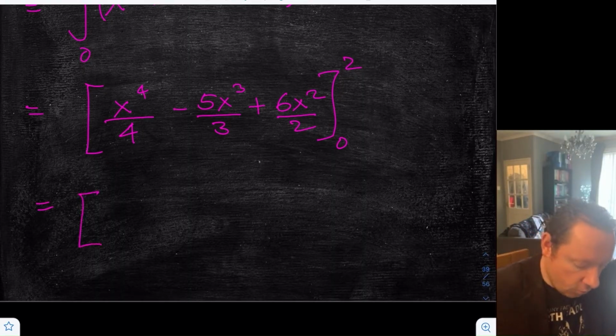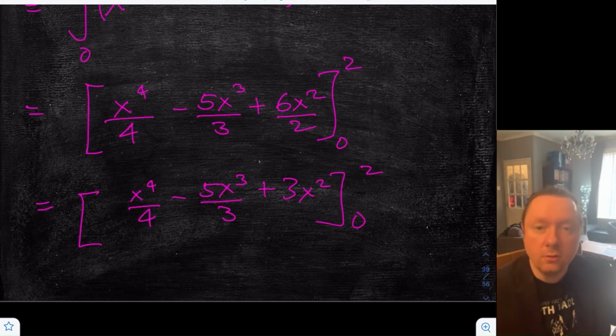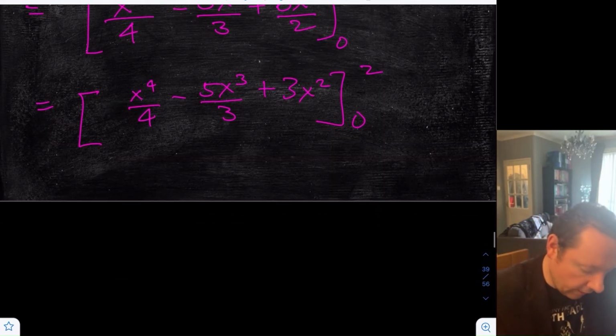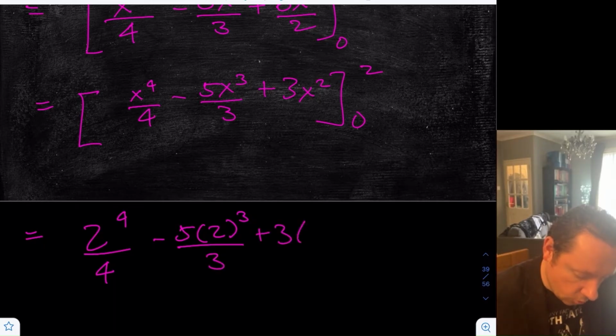That's x to the 4 over 4 minus 5x cubed over 3 plus 3x squared between 0 and 2. So we can now substitute our numbers in. That gives us 2 to the 4 over 4 minus 5 times 2 cubed over 3 plus 3 times 2 squared. There's our first bracket.